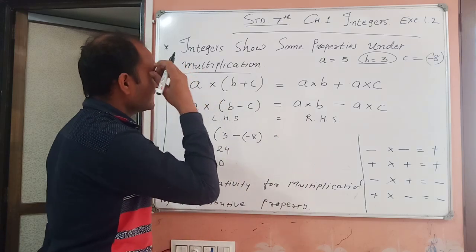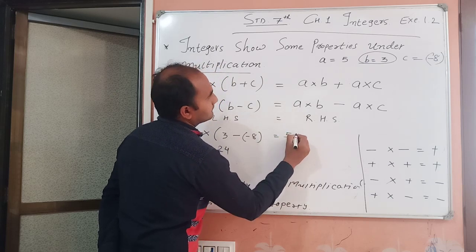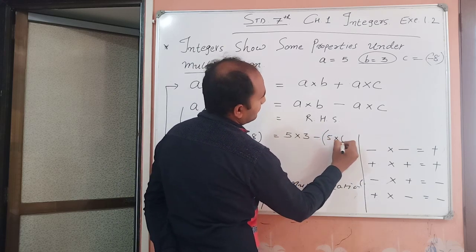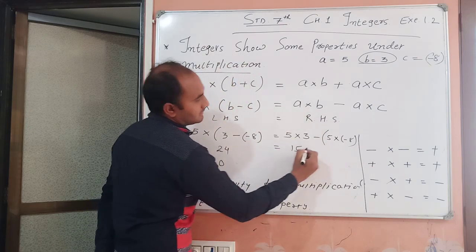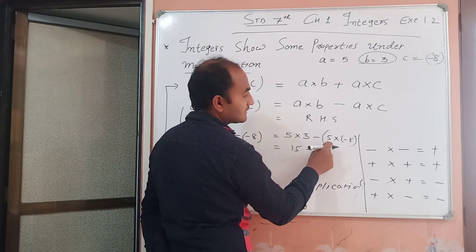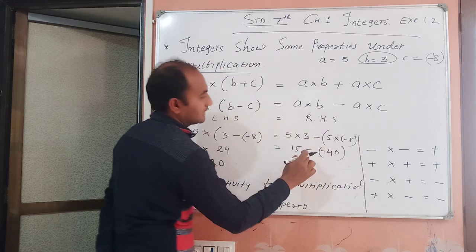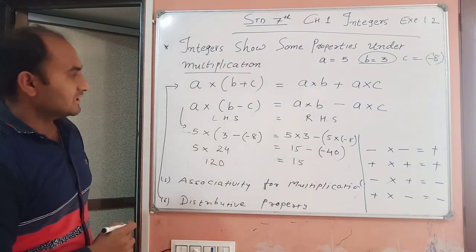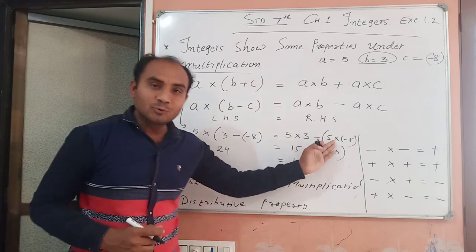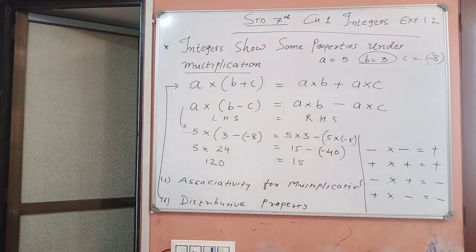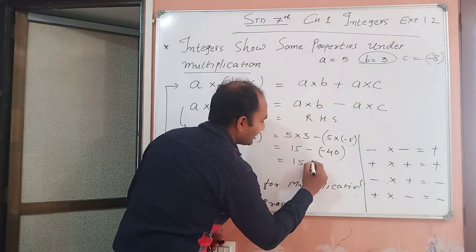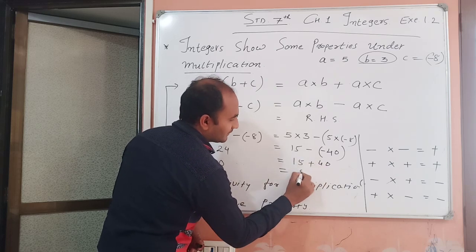So now let's solve this. What is the value of A? 5 into B, 3, minus, in bracket 5 into minus 8. 5 3s are 15 minus 8 5s are 40, minus minus plus, so 40 plus 15, 55.